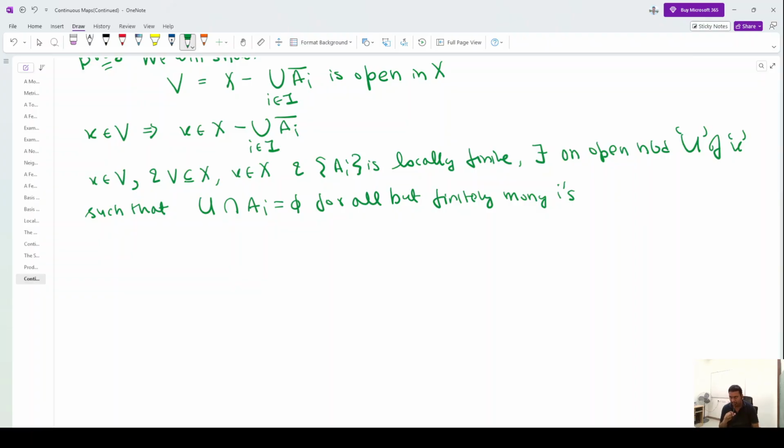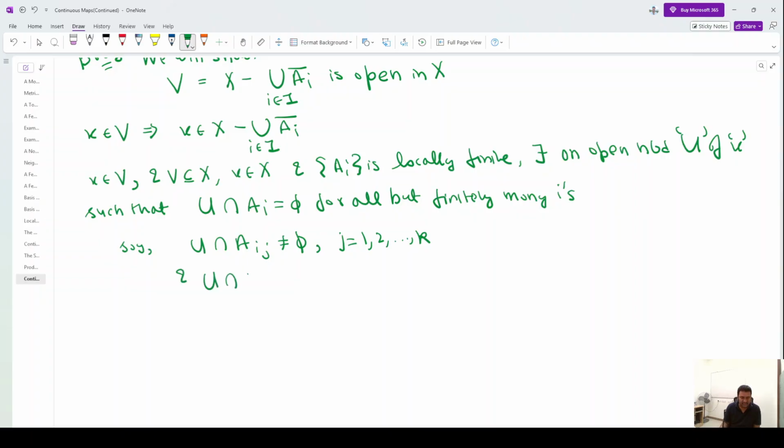So say U intersection A_{i_j} is non-empty for j equal to 1, 2, up to k.